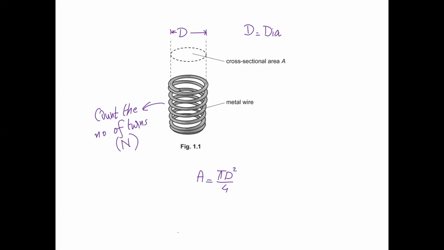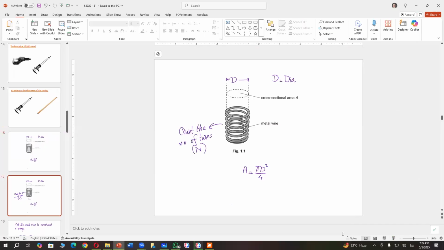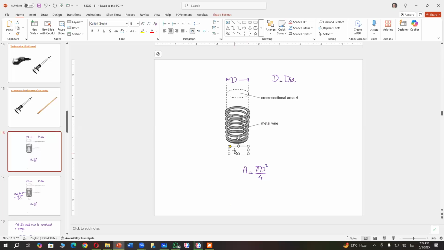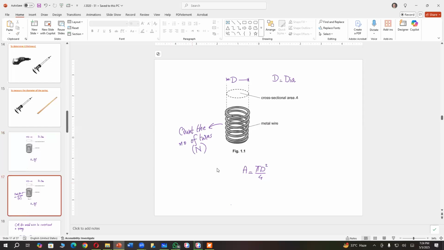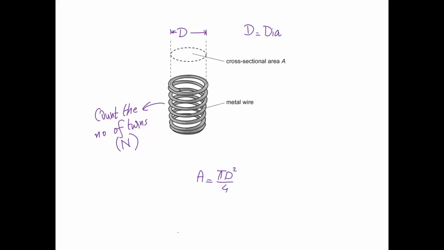One diagram shows how to find the area, and how we find the number of turns. And the second diagram I am planning is the Newton meter apparatus. Okay, so you have to copy this, but in the paper the space given is limited. So first you draw this diagram.